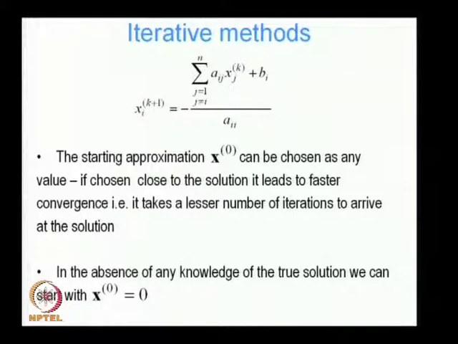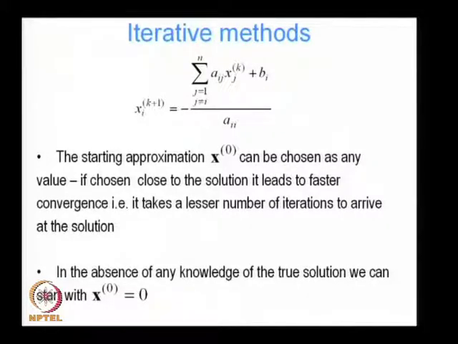So, the one on the left hand side is going to give me the new value of the iterate in terms of the old values of the iterate which appear on the right hand side.